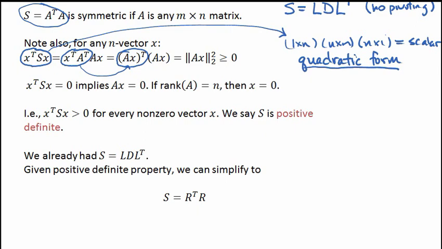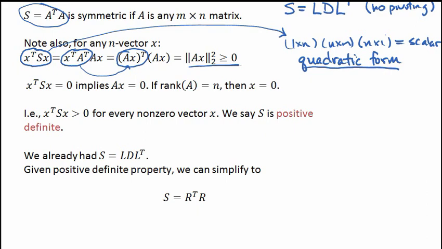So that's equal to the 2 norm squared of that vector, AX. While the 2 norm of any vector is always greater than or equal to 0. So we've shown that this quadratic form X transpose times S times X is a non-negative number in the case of this particular form for S.